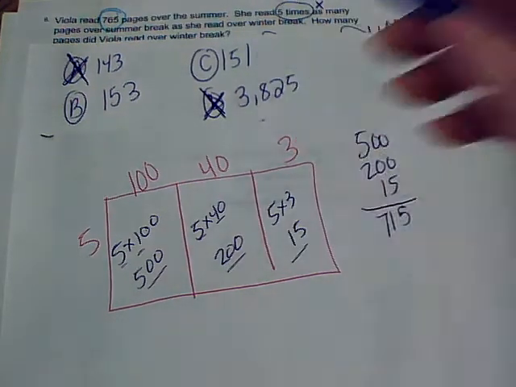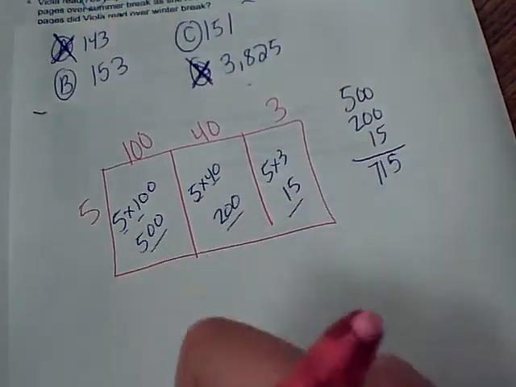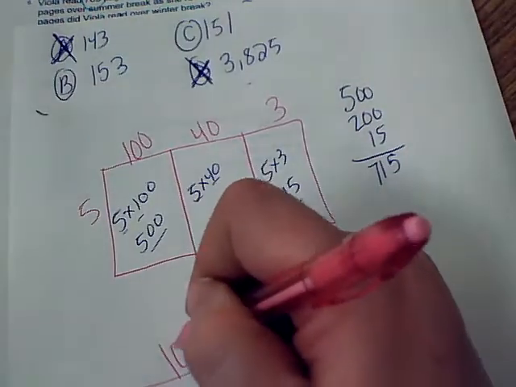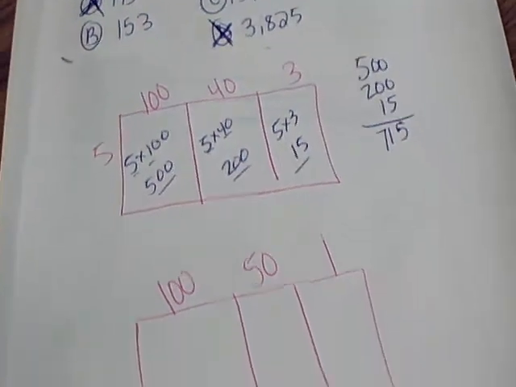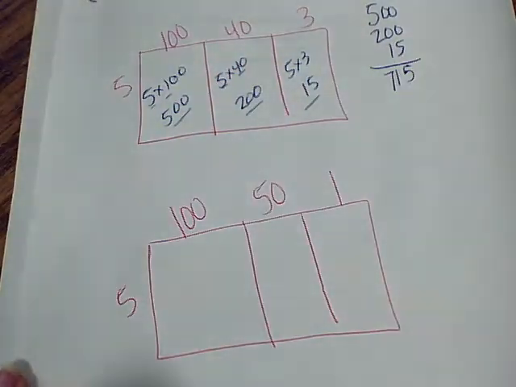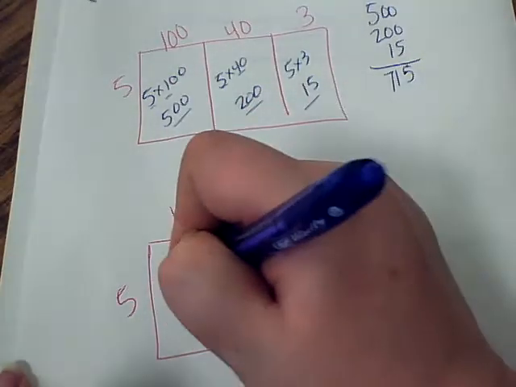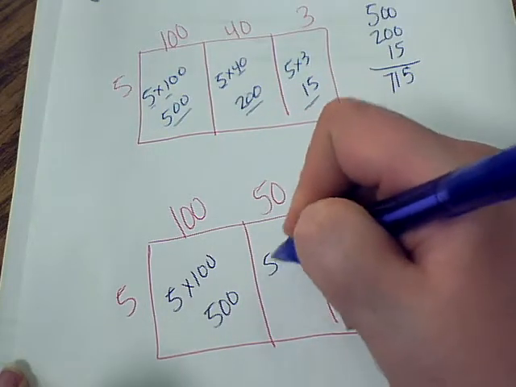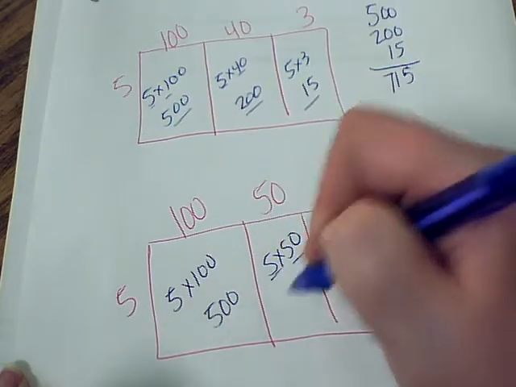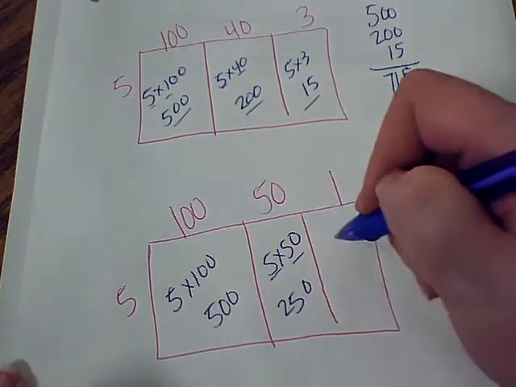Let's try letter C, 151. So I have 100, I have 50, and I have 1 times 5. Well, we kind of already did this one. 5 times 100, we did it up there. We know it's 500. 5 times 50, well, 5 times 5 is 25. Add my 0.